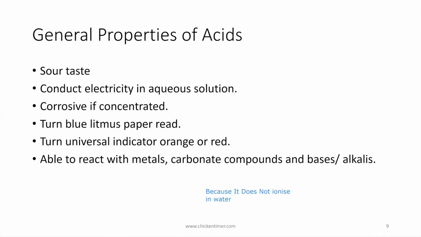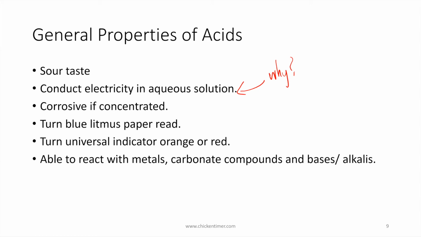Next, you need to know the general properties of acids. They have a sour taste. They conduct electricity in aqueous solution. Then I will ask you why down here, so you have to explain later.